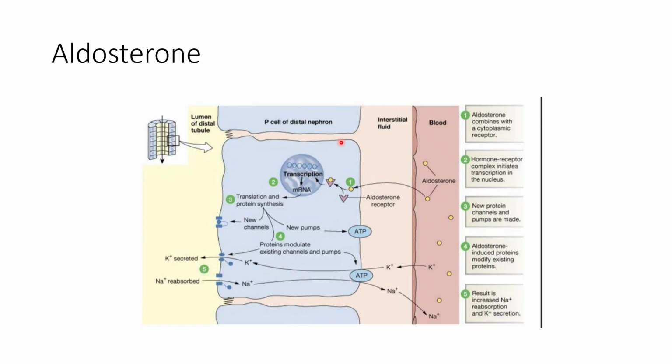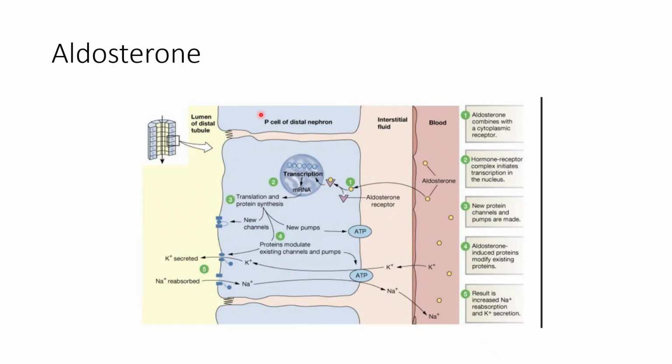So aldosterone will come into the blood, diffuse out of the peritubular capillary, and enter the interstitial fluid of the collecting duct cells. Unlike ADH, which acted at a surface receptor, aldosterone is lipid soluble, so it will enter the cell and act on an intracellular receptor.